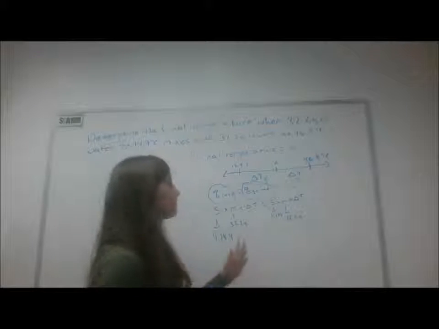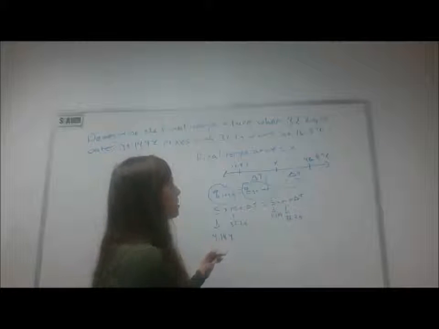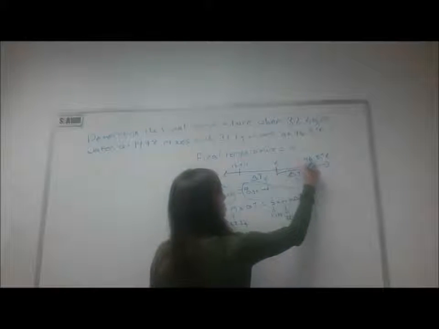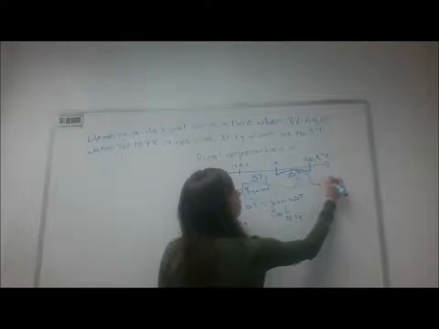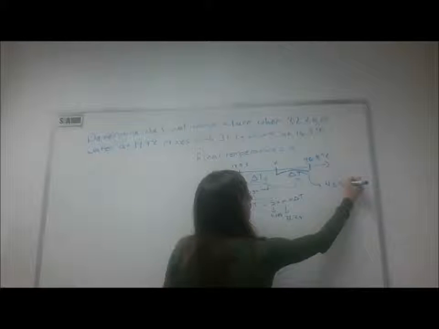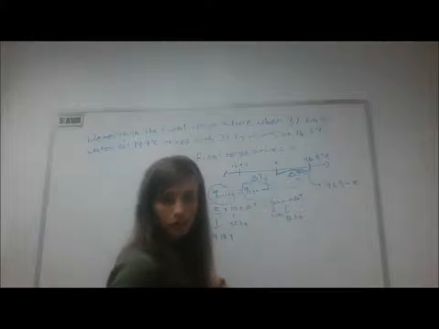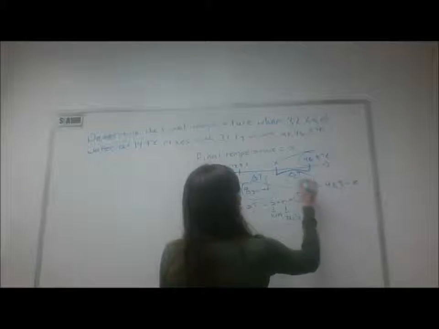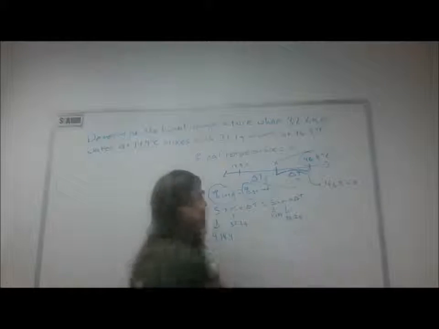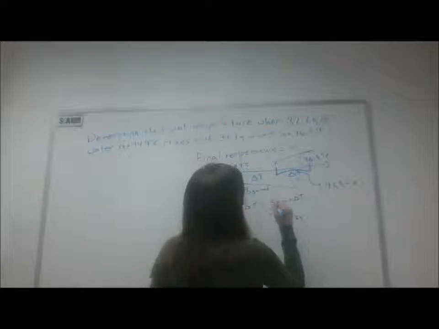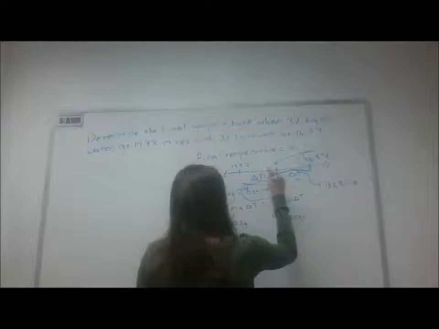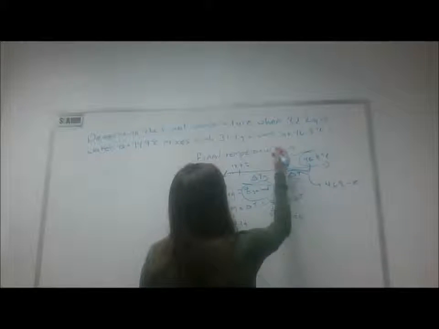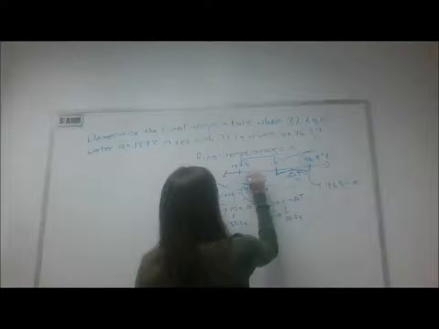So what does that mean? So this amount of degrees is equal to 46.8 minus X. Can you see that? 46.8 minus X is this amount of distance right here on the number line. And the heat gained is this delta T right here, which is going to be X minus 14.9.